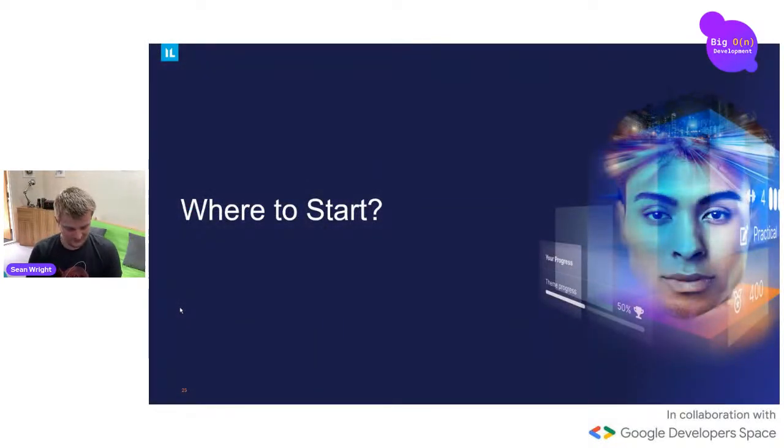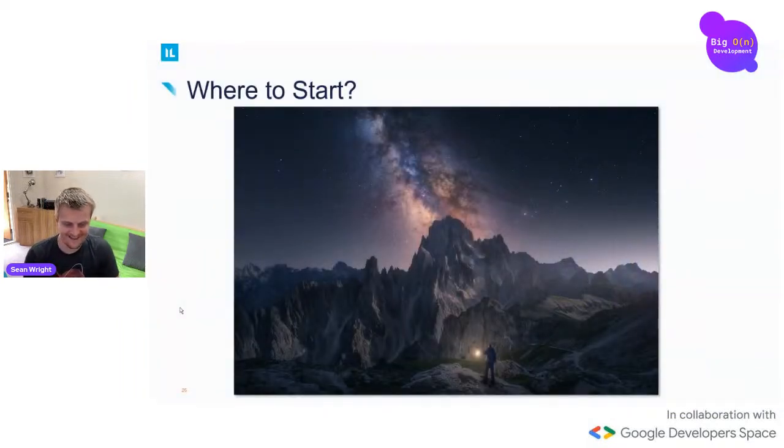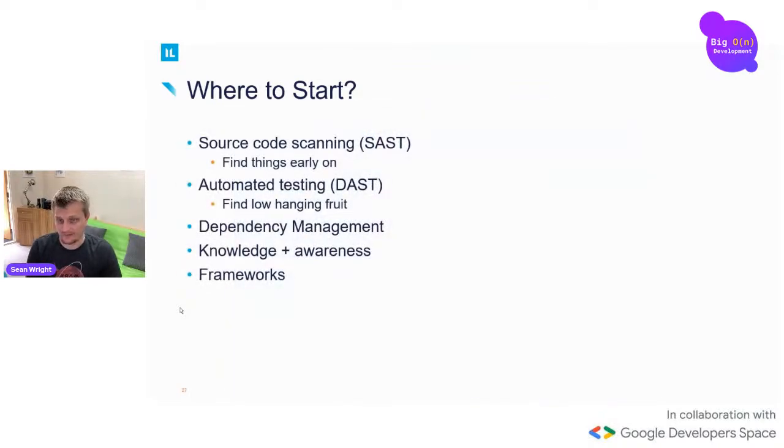So in closing, you may ask, where do we start? Well, when you look at application security, it might seem like an absolute mountain to climb, and it often is quite a mountain to climb. There's a lot of stuff that needs to be done. So my advice is start off small, focus on what I call the bang for your buck, the quick wins. So things like a source code scanner, which will scan your source code for known vulnerabilities.